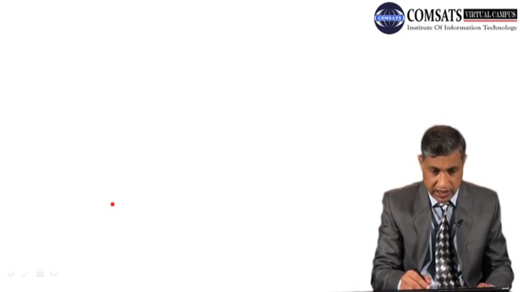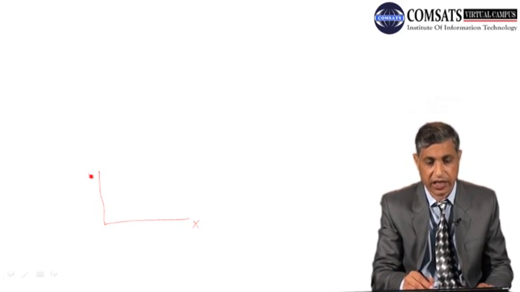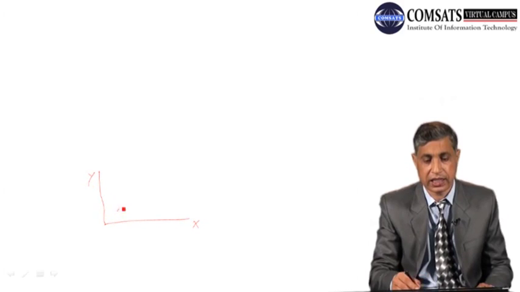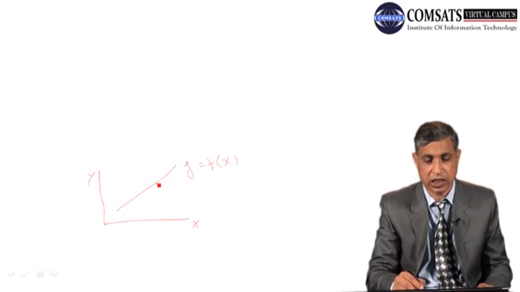If I make a function here, this is the x, the independent variable, this is the y, the dependent variable, and I say that y is a function of x here. So if I want to see the rate of change at this point and between this point, I will just connect this one here and this one here.